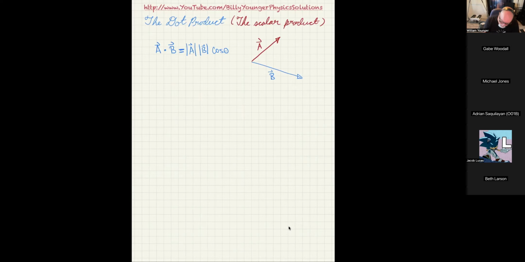When the vectors are tail to tail, then the angle between them, the smallest angle, is theta. Obviously, there's another angle between them that goes like that, but we're talking about the smallest angle. So this diagram, A, B, with a theta between them and tail to tail, is absolutely necessary for you to apply that formula.